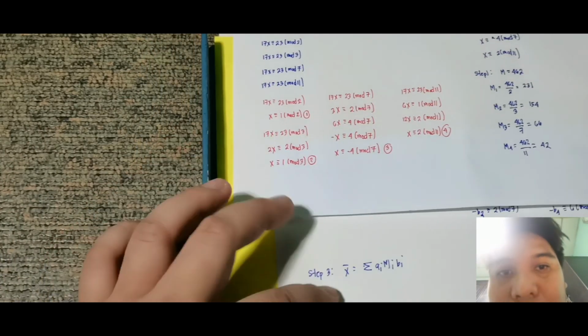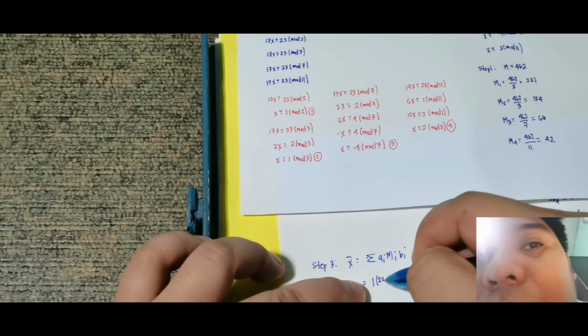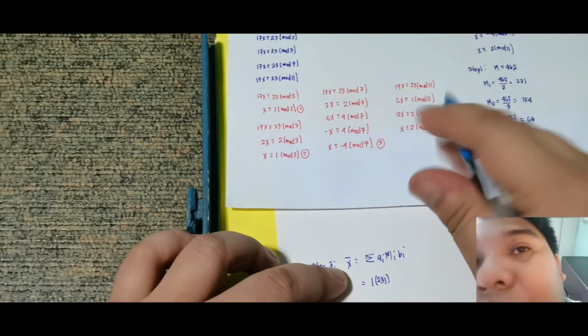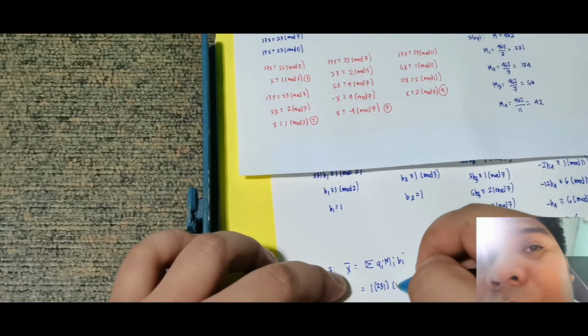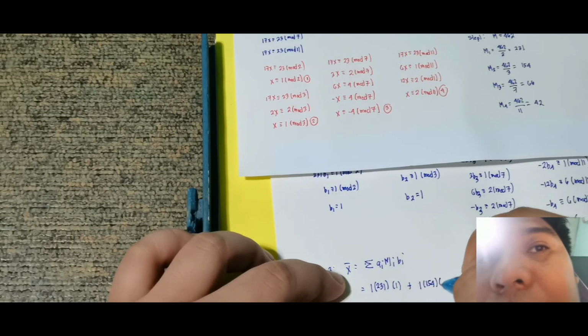So, proceed tayo sa solution. This is equal to 1 times 2, 3, 1, times b sub 1 which is 1. Then plus 1 ulit kasi yun yung a sub 2, multiply by 1, 5, 4, multiply ulit by 1.